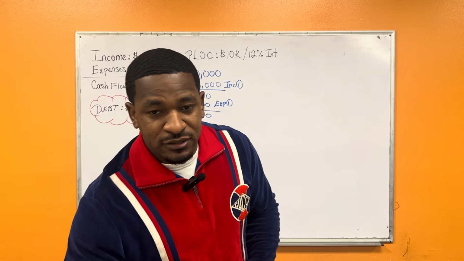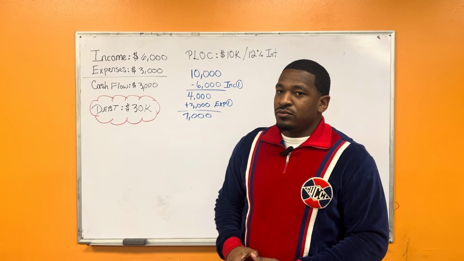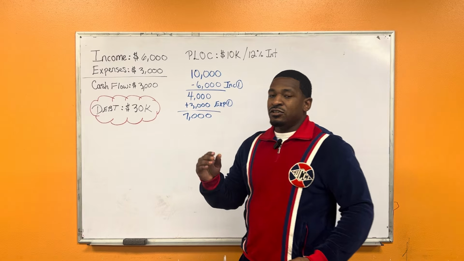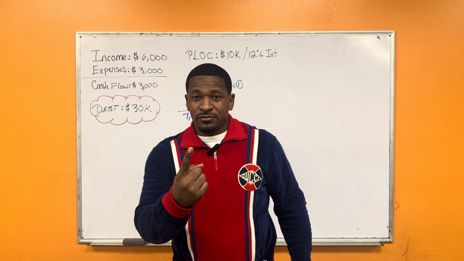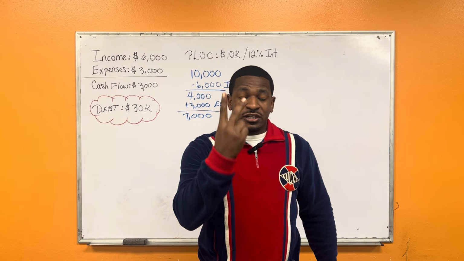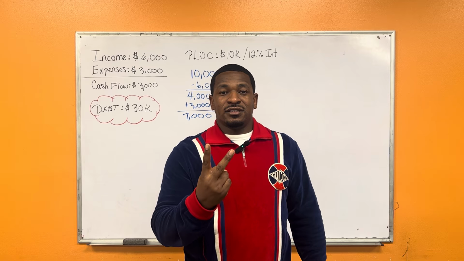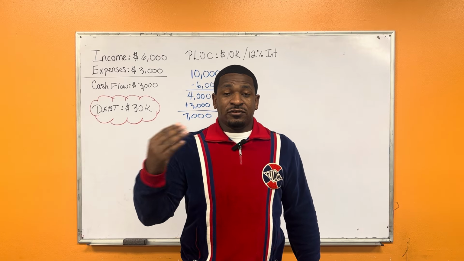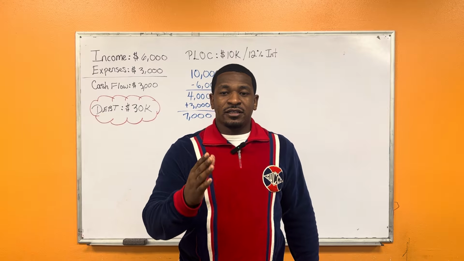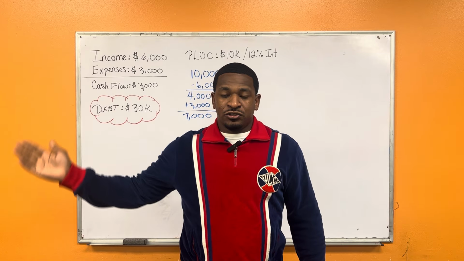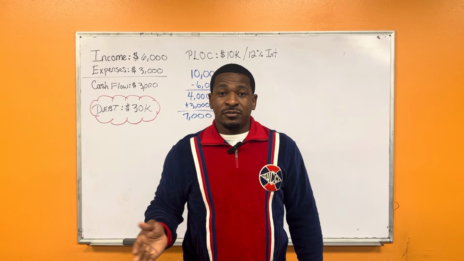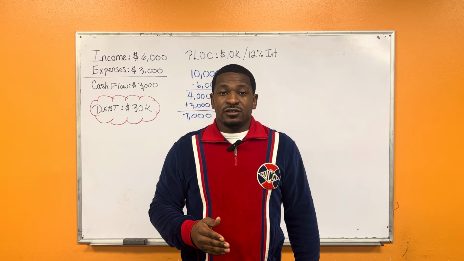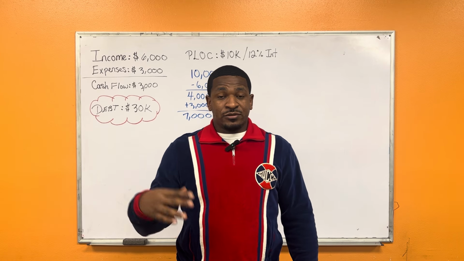So the first step is understanding and knowing what your income is and what your expenses are. You calculate your income by looking at the streams of income coming into your account, whether it be one job, two jobs, three jobs, whatever.